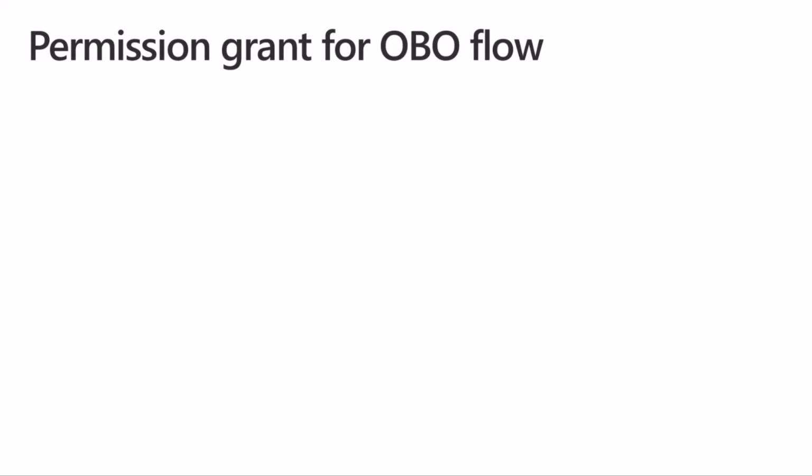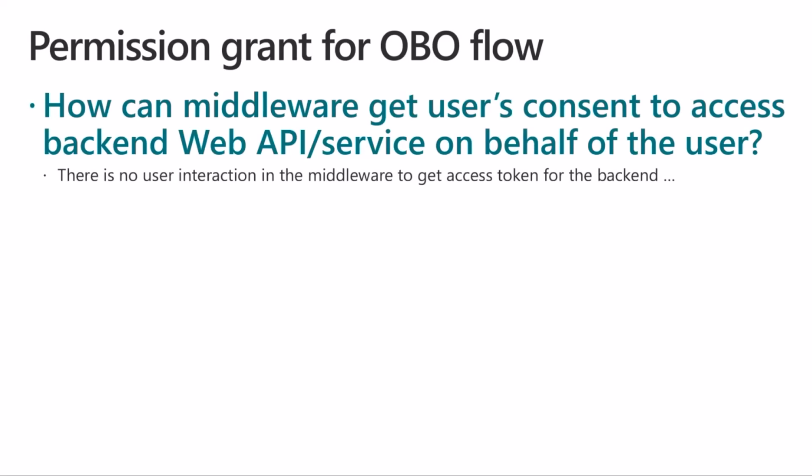From a permission grant point of view, you know that whenever we consume an API through Azure Entra ID, we also need to grant proper permissions to the application willing to do that. Well, with the OBO flow, we don't have an interactive permission grant from an end user point of view, because the actual subject which is consuming the backend API is your middleware, not directly SharePoint Framework.